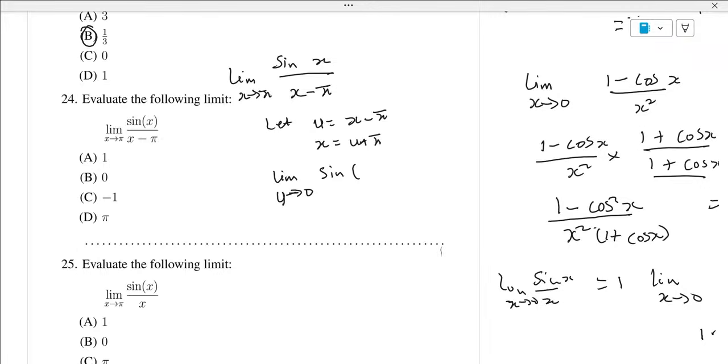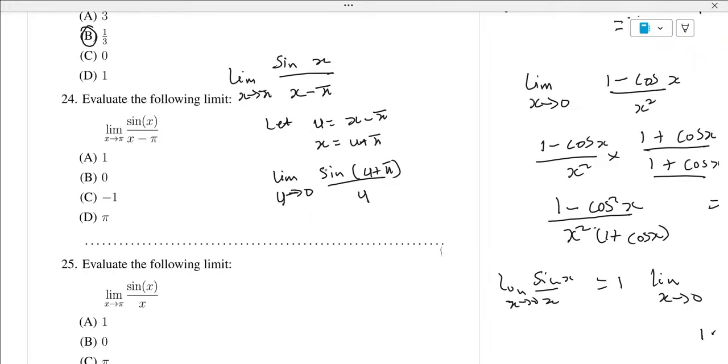So we have u plus pi, so we have u plus pi all over u, right?